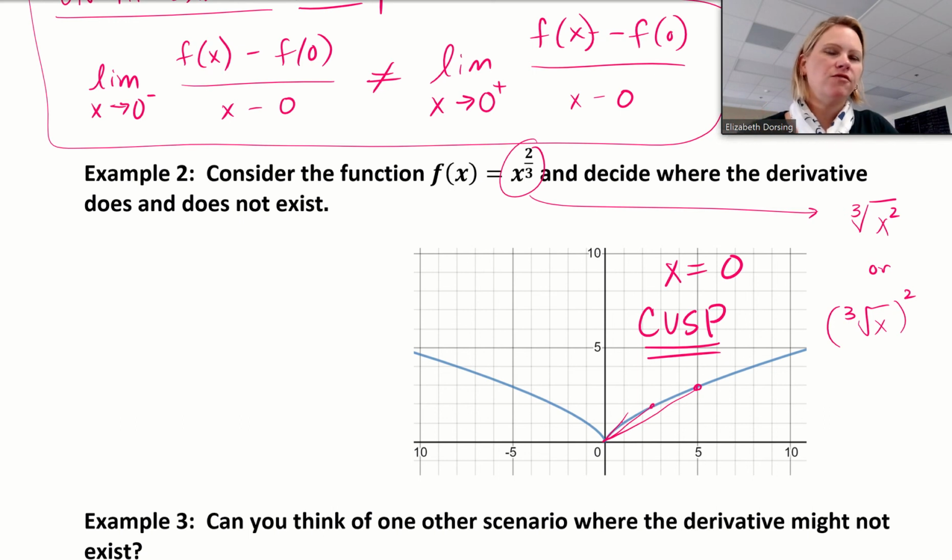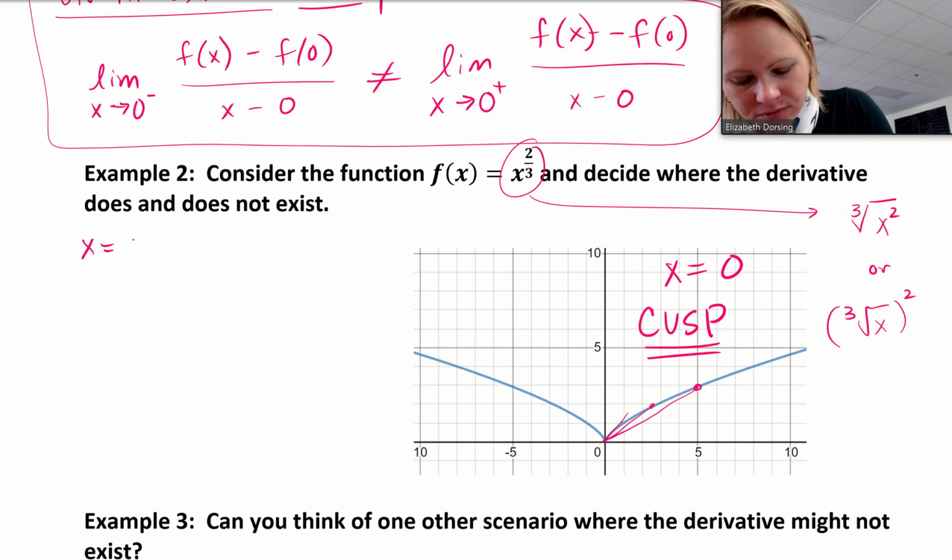Remember, when we think of limits, infinity is an undefined value. It's a concept. So we're becoming a vertical tangent. If the slope is approaching a vertical line, well, that line has an undefined slope. Therefore, the derivative must also be undefined. And so we say that at x equals 0, f of x is not differentiable.